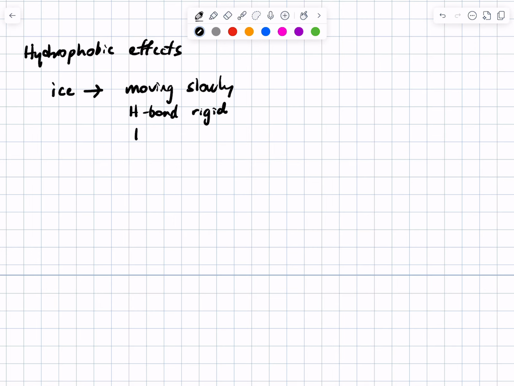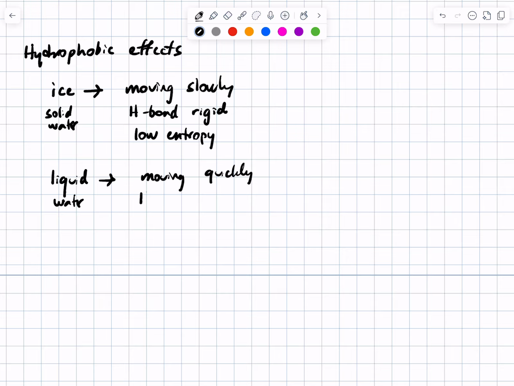We would call that a low entropy or low disorder state, whereas in liquid water, as opposed to solid water, I can't say ice water because then you think of water and ice. I'm just talking about solid water, sorry. So in liquid water, the molecules are moving quickly. The hydrogen bonds are always present, but they're transient and exchanging. And in liquid water, there is high entropy.